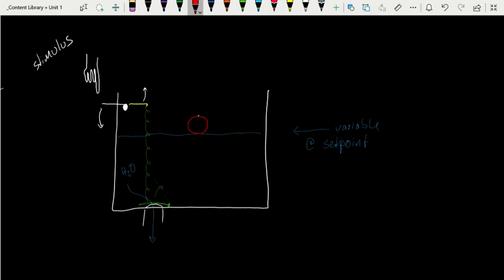And this float is basically a floating ball that sits on top of the water. And this float is connected, we'll just draw it over here, to a valve, and that valve controls the flow of water. So piping from the house brings water into that system.